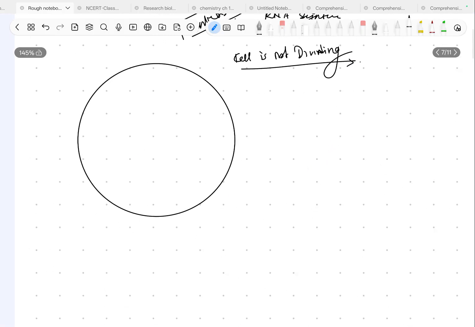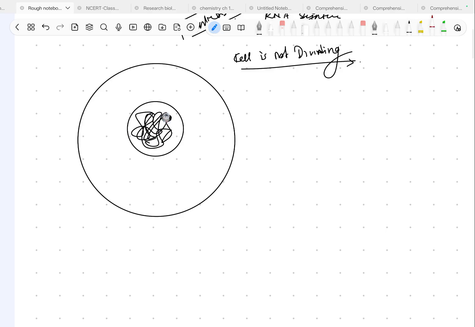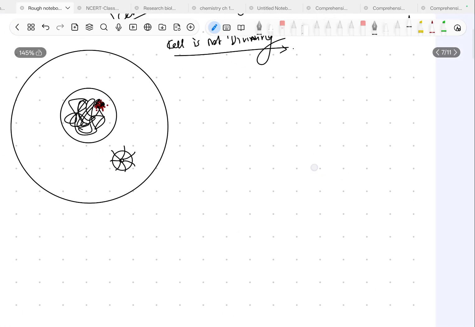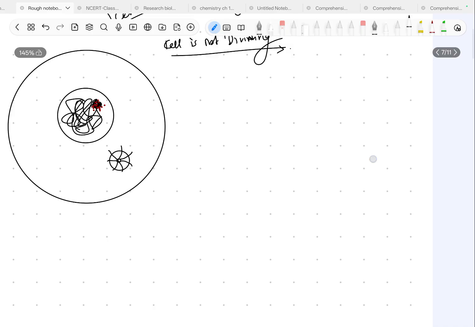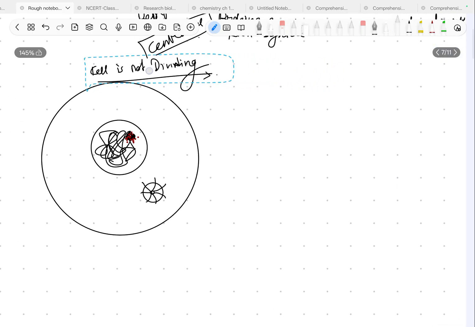It contains the nucleus, and in the nucleus it is in the form of chromatin, and the nucleolus is also there. And you will see only one centrosome.